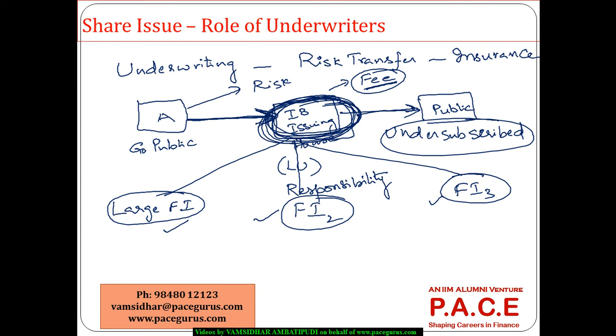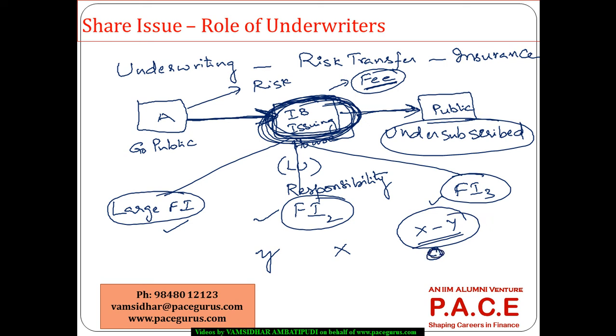So it might have bought the shares from A at Y dollars, but it is selling them to the public at X dollars. So typically X minus Y dollars is going to be the fee which this lead underwriter is getting, and obviously it would be shared between the various sub underwriters, right?